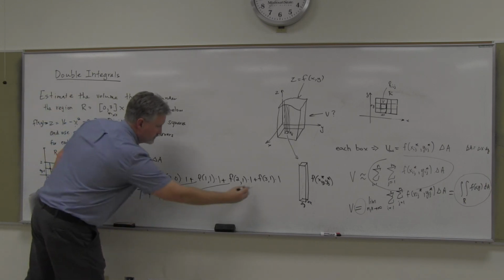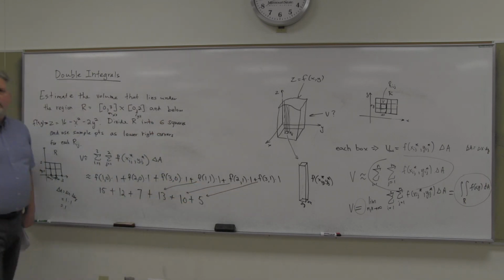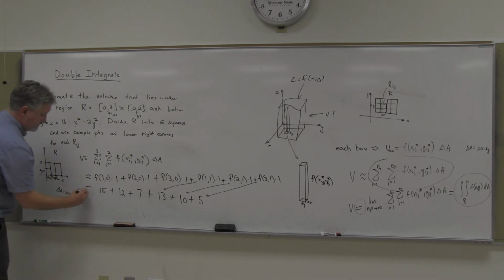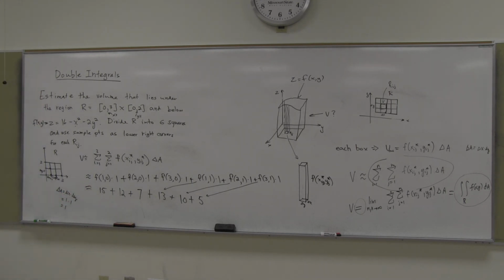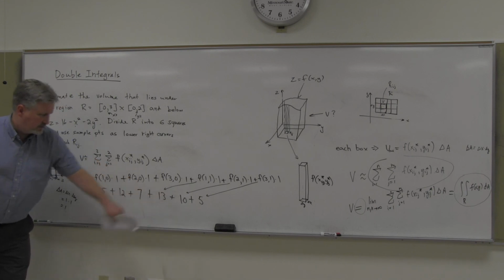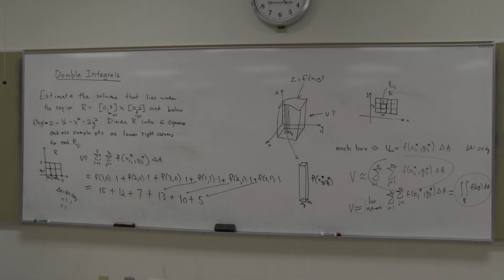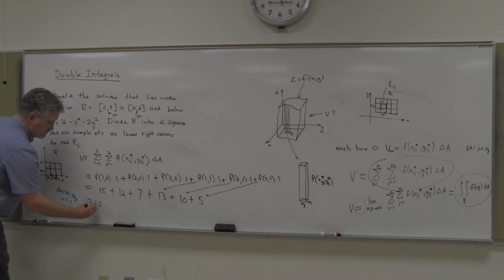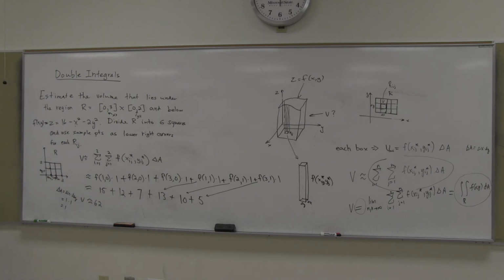Did I do those right? Do I believe that? So the volume is approximately 15 plus 12 plus 7 is 27, plus 13 plus 10 plus 5 is 28, so 27 and 20 is 47, plus 15, 62. Approximately 62. Question?